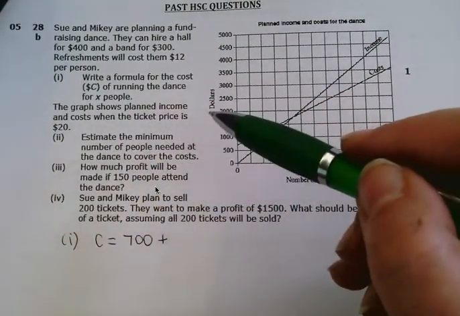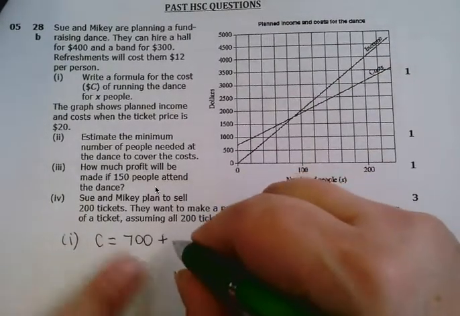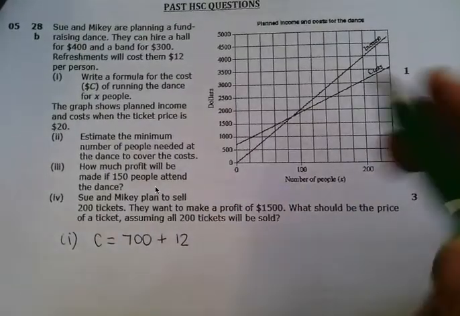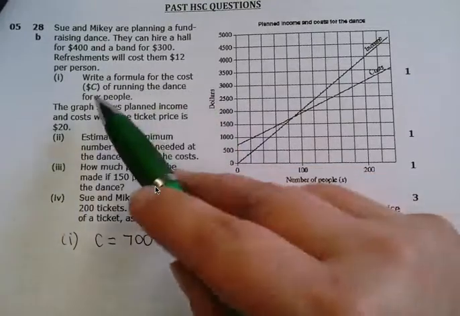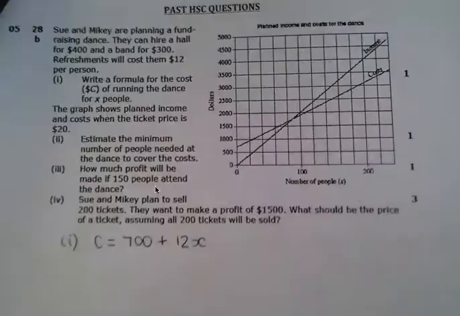If two people go, $700 plus 12 times 2. How do I write the formula out? 700 plus 12 times X. Write a formula for the cost C of running the dance for X people.